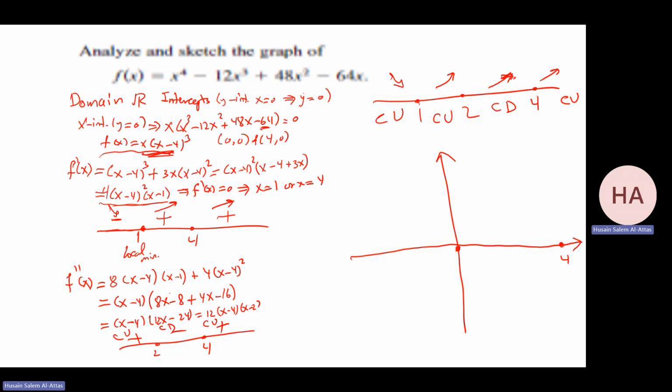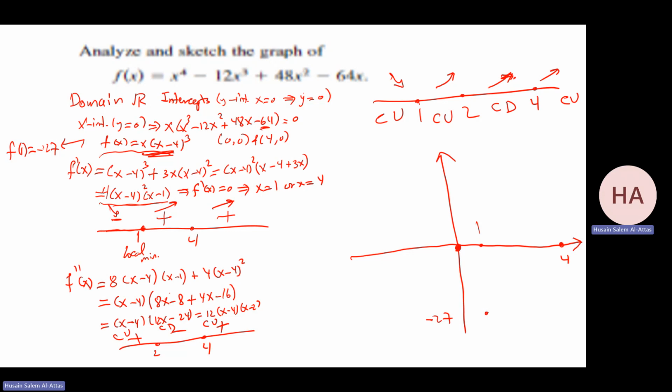From here, f at 1, 1 minus 4 is minus 3 cubed, minus 27. So this is 0, this is 1, and the value is minus 27.